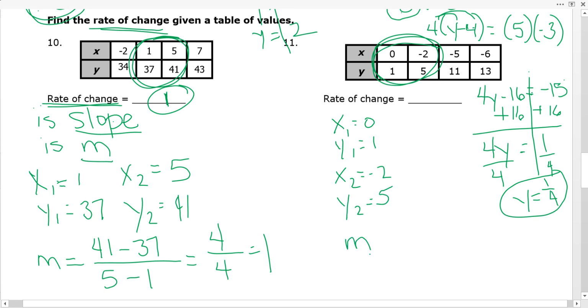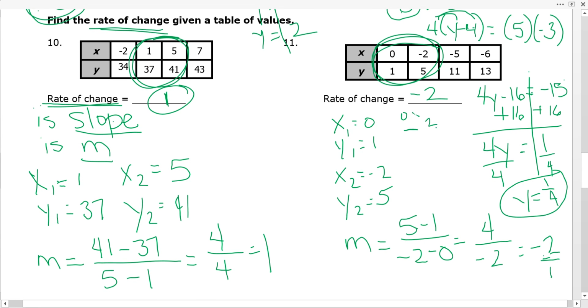So my slope is 5 minus 1 over -2 minus 0. 5 minus 1 is 4. -2 minus 0 is -2. I'm going to divide both those by 2, and I end up with -2 over 1, or I could say -2. So my rate of change is -2, or I could say -2 over 1. Both of those are correct.